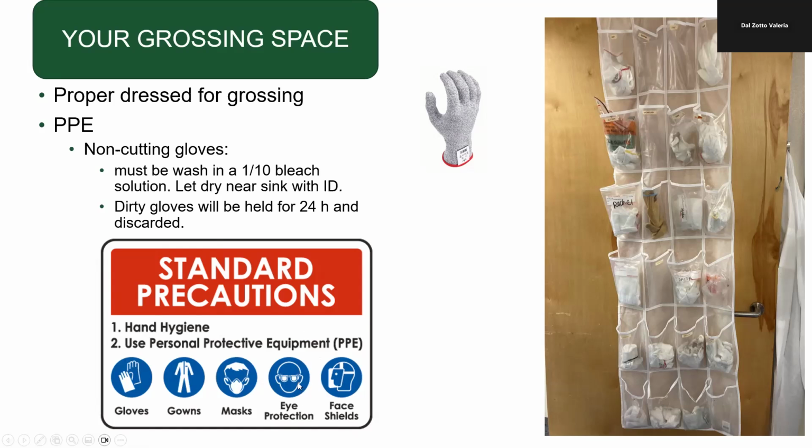If you use glasses, you can use glasses with special lids that are commercially available, and you can request this from the residency program. Or many of you are using the face shields that are a little more convenient, because you can use your own glasses behind the face shields.